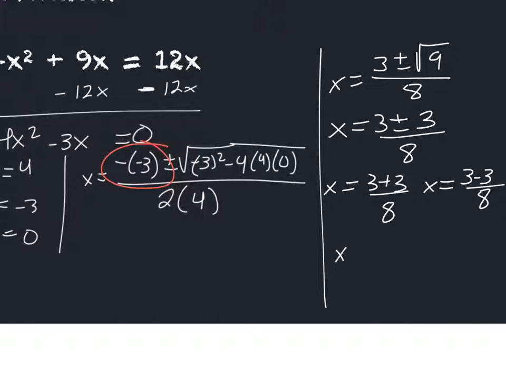So one of your answers is going to be 6/8, which simplifies to, sorry, not 2/4, 3/4. And then your other answer is going to be 0. 3 minus 3 is 0, and 0 divided by 8 is 0. So that's how you would solve this using the quadratic formula.